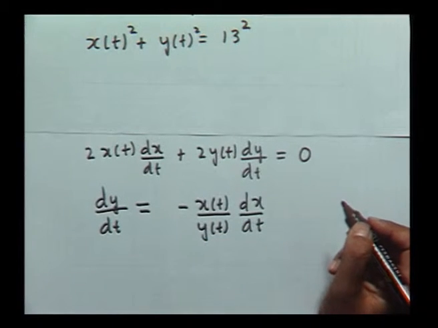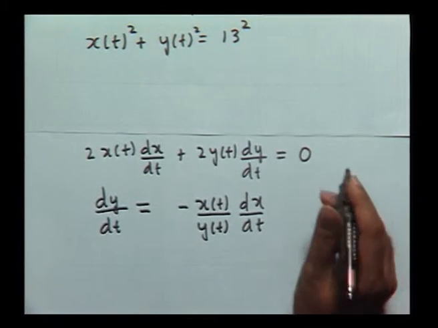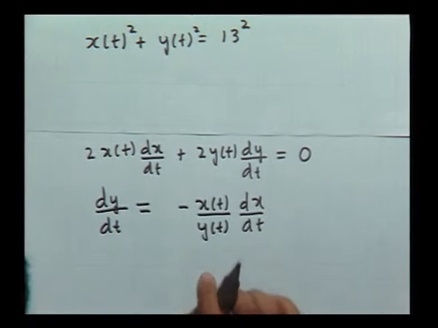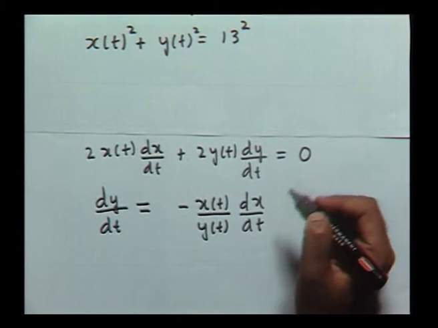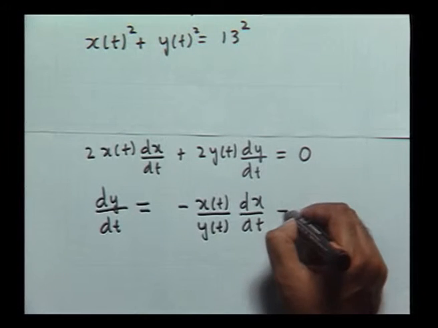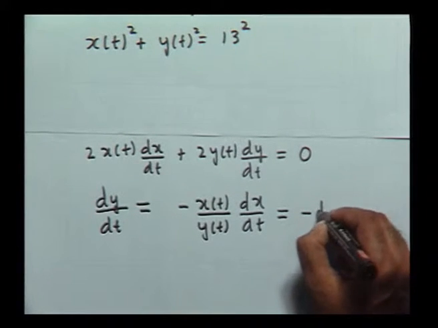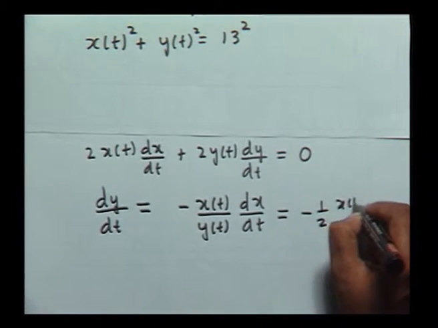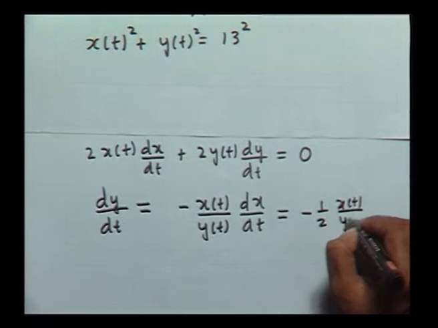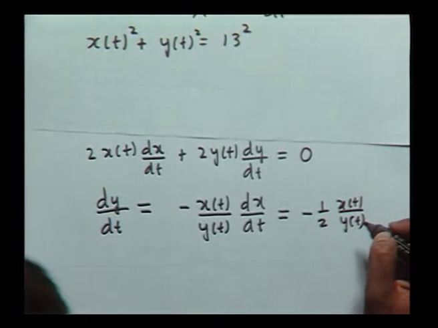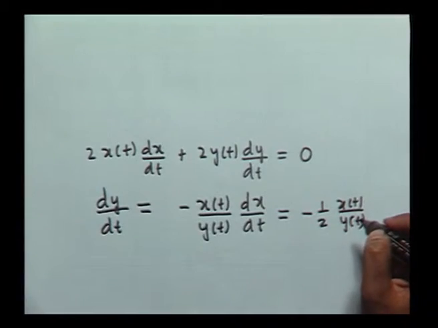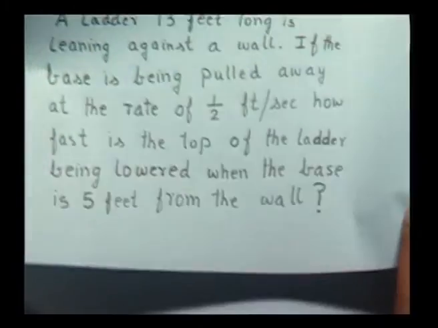Also, I know exactly what dx by dt is. So, this expression further becomes minus 1 by 2 x(t) by y(t). Let us just go back to the statement of the problem. The statement was the following.